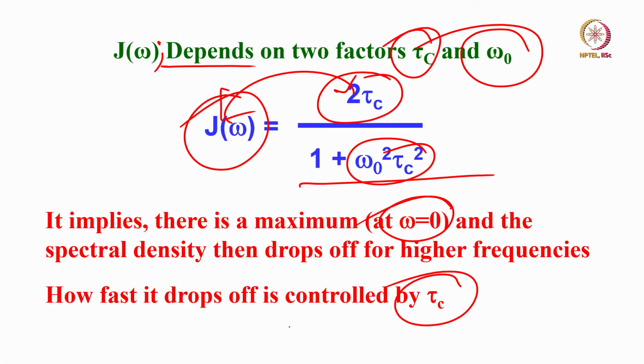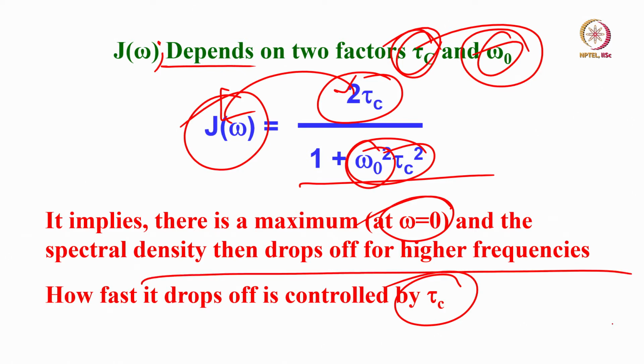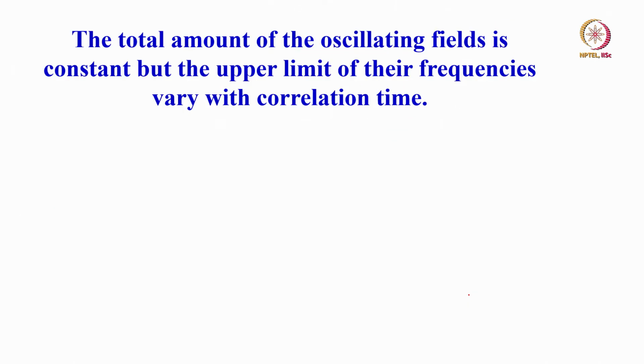You understand? J(ω) depends upon two factors, tau c and omega 0, and at omega equal to 0, the spectral density is actually maximum, and afterwards it drops off to higher frequency. So how fast it drops off, everything is controlled by tau c, that molecular correlation time.